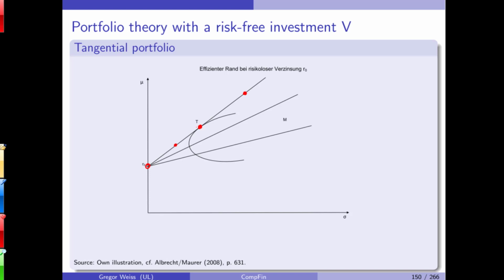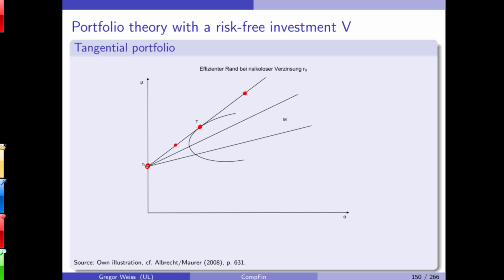If you are risk averse, if you are risk friendly, if you're risk neutral, you will choose different portfolios on the efficient frontier. Now, as soon as the risk-free investment comes into play in this model, all investors will choose the same tangent portfolio on the efficient frontier. They will only differ in the percentage they are investing in the stock portfolio, and how much money they will keep in the risk-free investment.